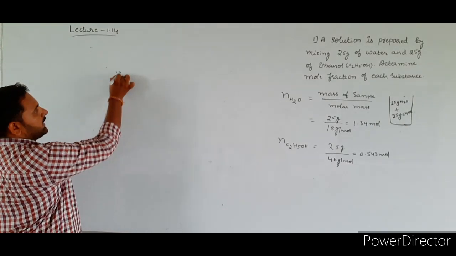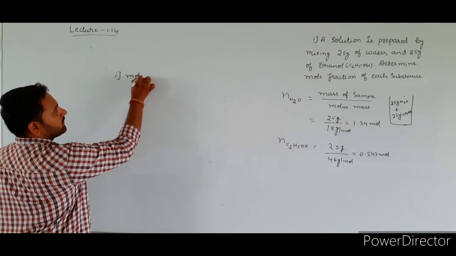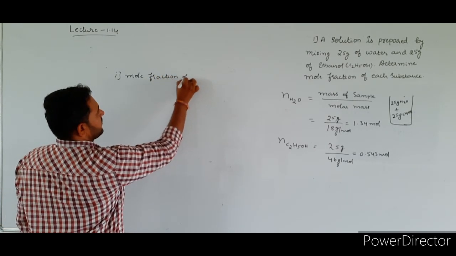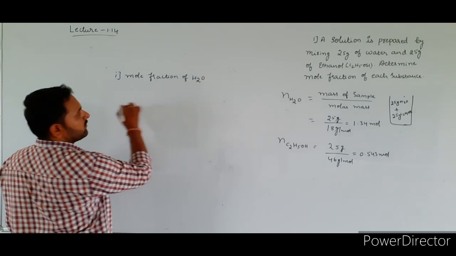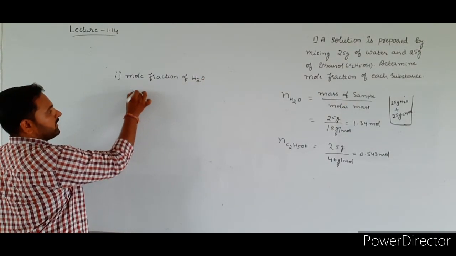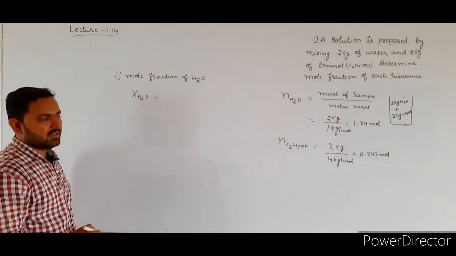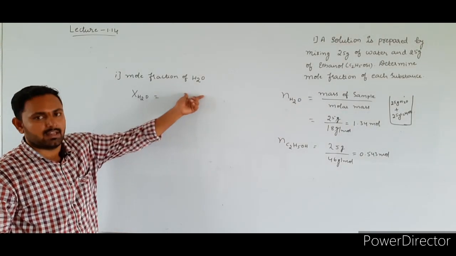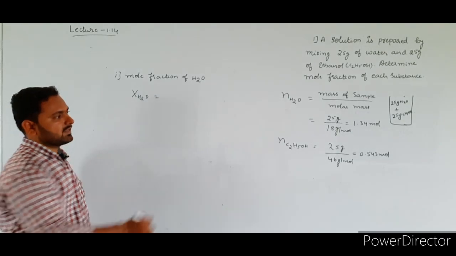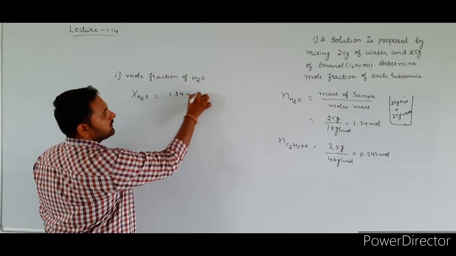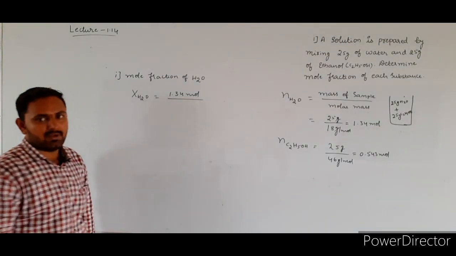Now first calculate the mole fraction of water. The mole fraction of water is equal to the number of moles of water, 1.34 moles, divided by the total number of moles.